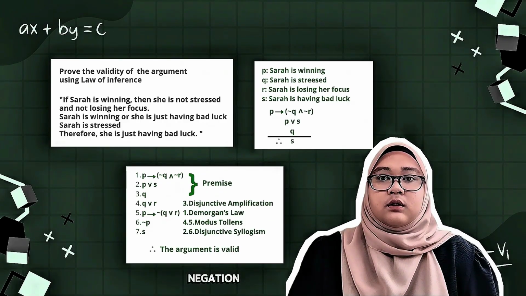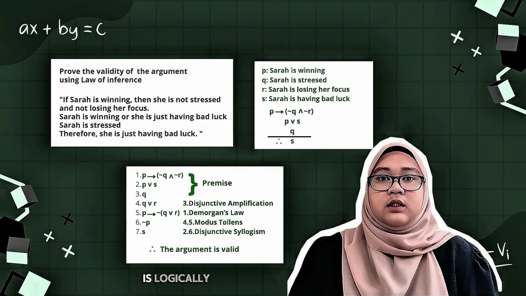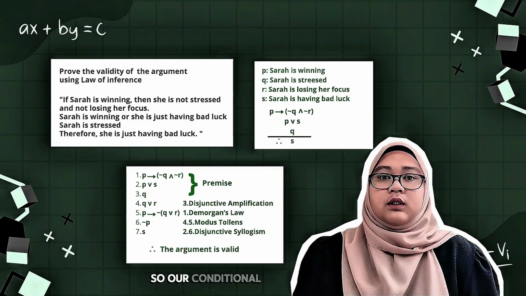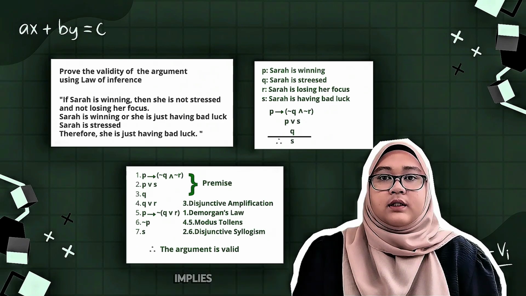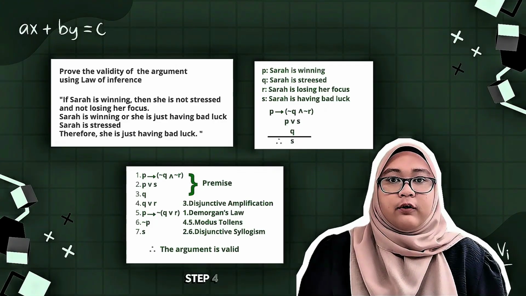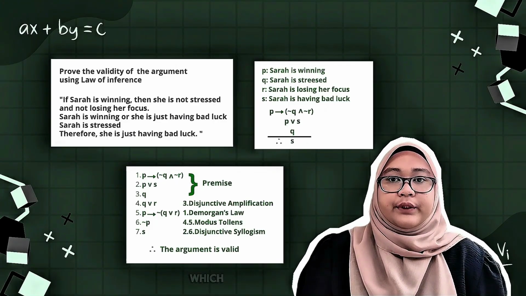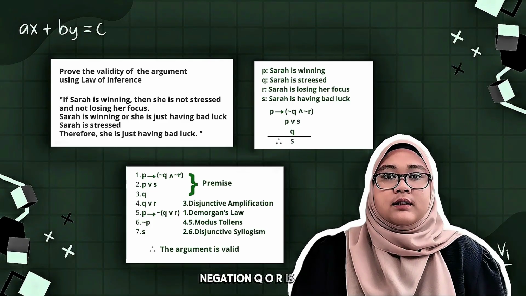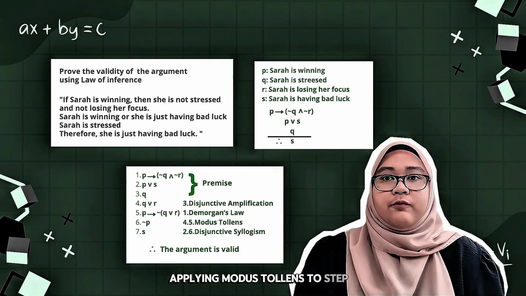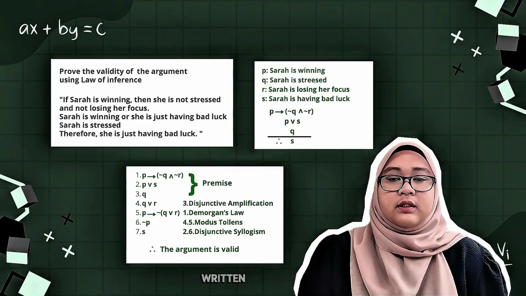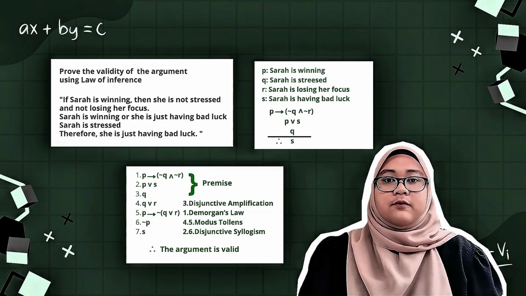The expression negation Q and negation R is logically equivalent to negation of Q or R. So our conditional statement becomes P implies negation of Q or R. In step 6, we compare step 5 and step 4. Step 4 tells us Q or R is true, which means its negation, negation of Q or R, is false. Applying modus tollens to step 5, we can conclude that the antecedent P must be false, written as negation P.